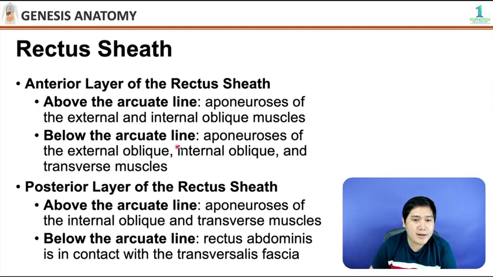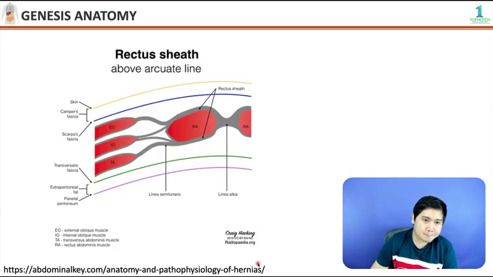However, below the arcuate line, all of the aponeurosis are seen anteriorly. Below the arcuate line, lahat na aponeurosis, external oblique, internal oblique, and transversus muscles, nasa anterior na sila. And then sa posterior, only the transversalis fascia is present.